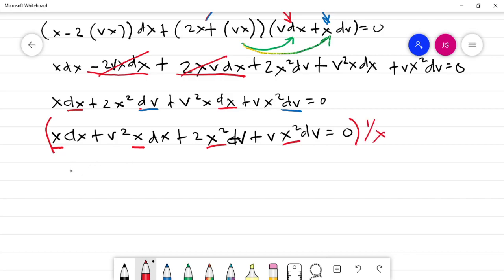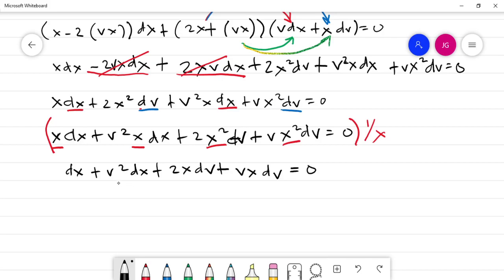So our equation will become dx plus v squared dx plus 2x dv plus vx dv, then equal to 0.